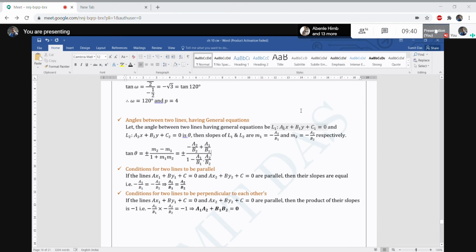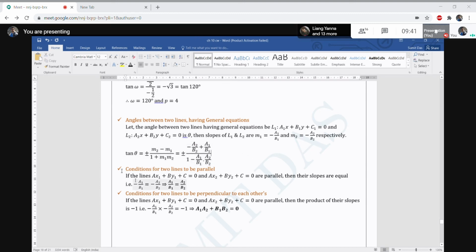If a1x plus b1y plus c1 is a straight line, what will be the slope? Minus a1 by b1. You have to take everything except y to the right hand side, and if you divide with the coefficient of y, you will get the slope. So whenever you get a question like this, first you have to find the slope of both and just use the previous formula. This formula you don't have to use also.